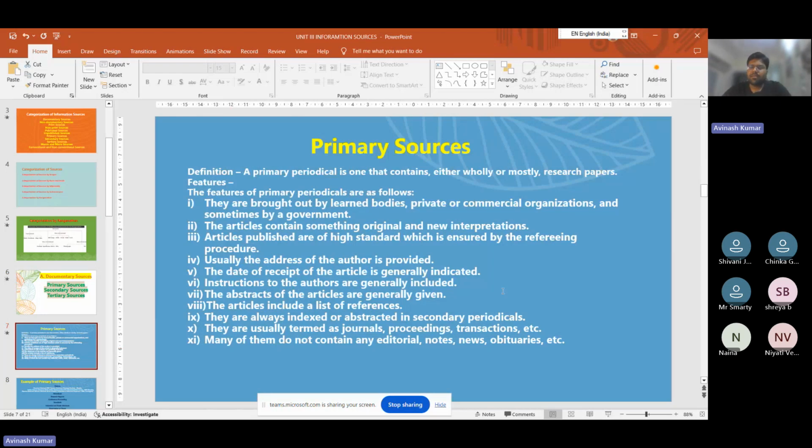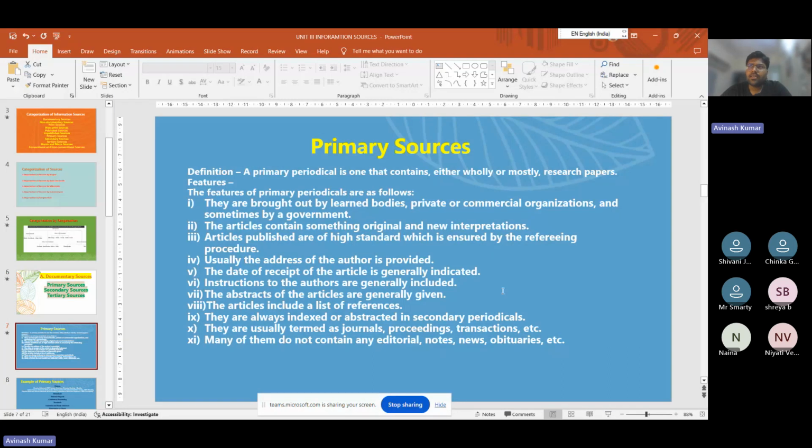A primary source means a source published first hand. A thesis is a primary source, because a thesis is a first-hand document, and there are many other things like editorial notes, news, obituaries. These are first-hand things.